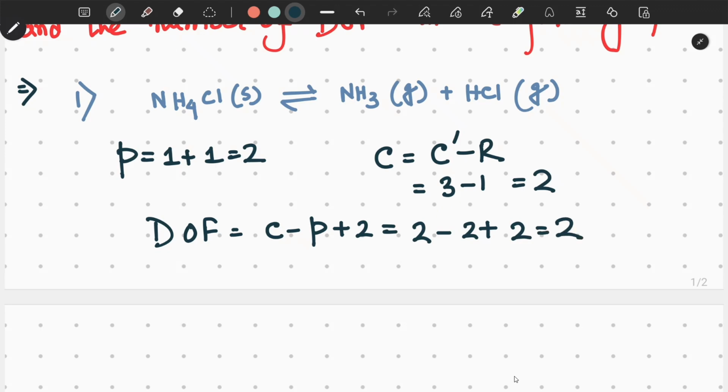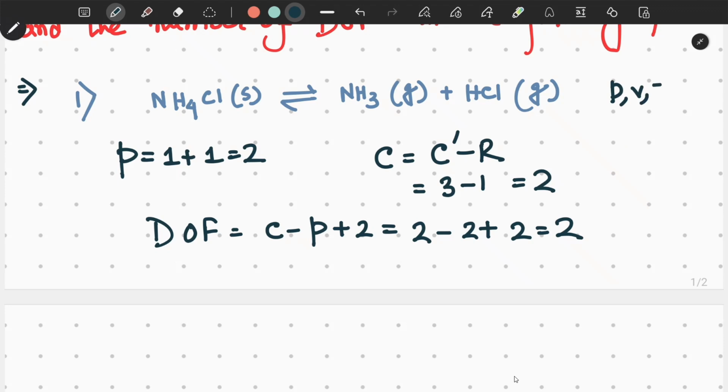What is the significance of this degrees of freedom? So you see, here the degrees of freedom is in the phase rule. That means pressure and temperature. Phase diagram you remember? You have how many variables you know?